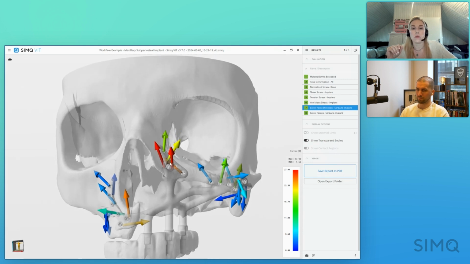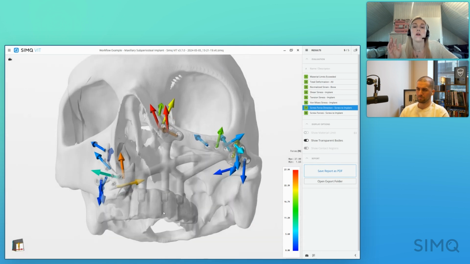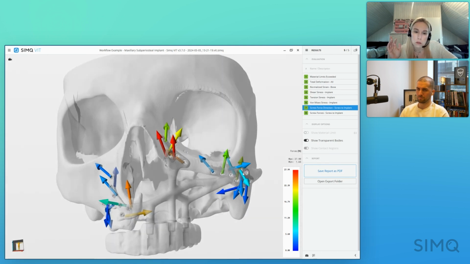So then this is more engineering, and then you could tell the physician, okay, this is what the normal force is, and you have the data that shows a normal bite, etc. So it's just showing you the highest force is on these screws here, which also makes sense because the load case was there. So those are the results very quickly.